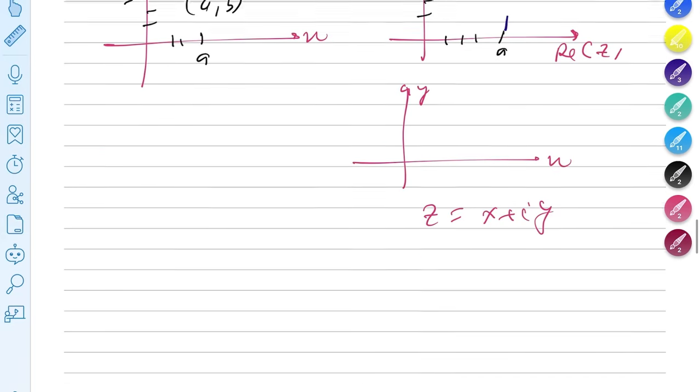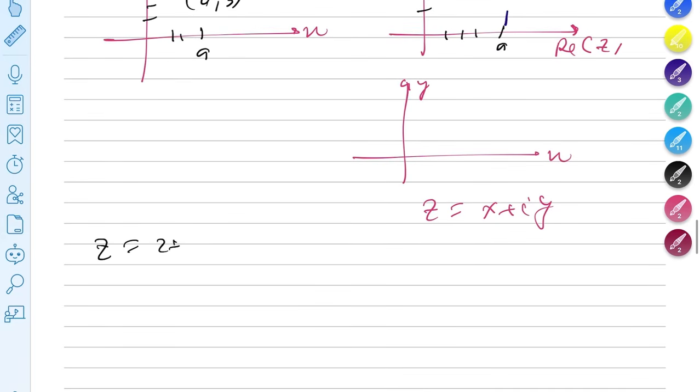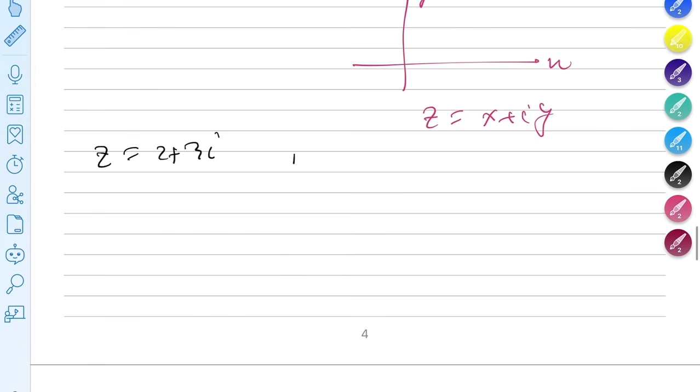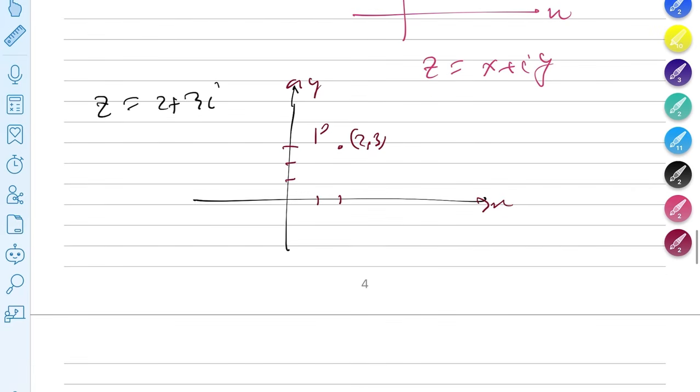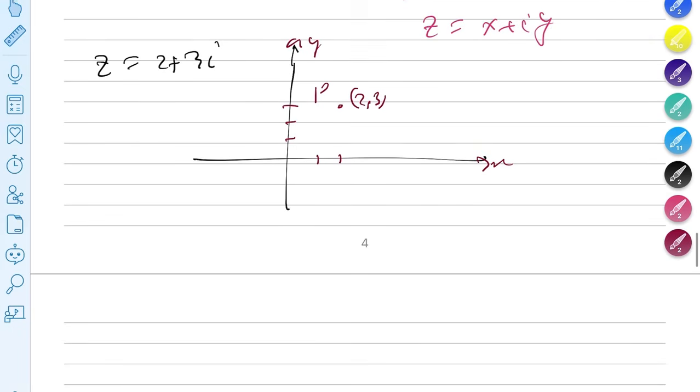If you have any complex number, let's say z is equal to 2 plus 3i, how do we write it in the Cartesian plane? We have just a point: 1, 2, 1, 2, 3. So this is the point 2 comma 3 in the Cartesian plane. But if we talk about the representation of 2 plus 3i, a complex number, on the Argand plane or the complex plane, then what do we do?